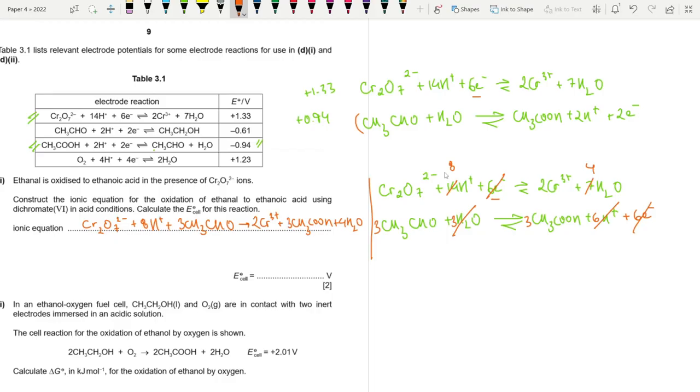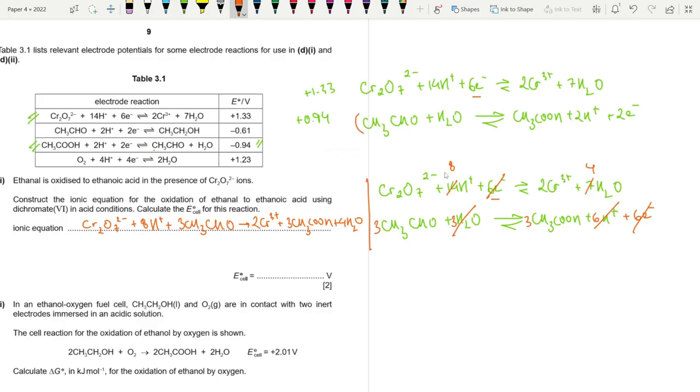You basically dissociate this into 3CH3COO minus plus 3H plus. As a result, you could get rid of more H plus. So 3H plus over here and 8 minus 3, 5H plus over there. So that would be your answer. Do you get what I mean? That is not required. You could go for it though. I mean, it's fine, but it's okay.